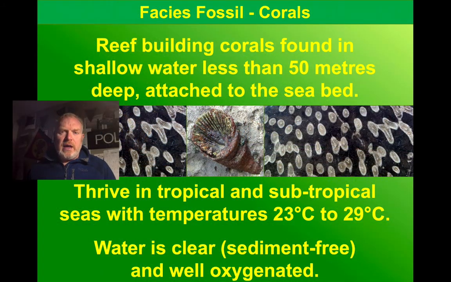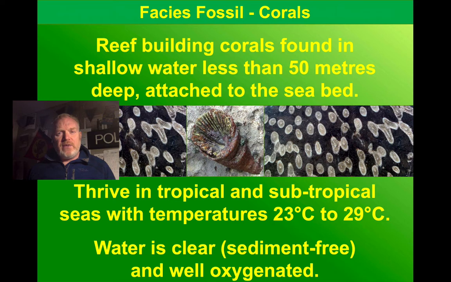Perhaps one of the best biofacies fossils are corals. Corals are very particular about where they live. They have a very specific set of environmental conditions that they can tolerate. So, for example, first of all, they're marine organisms.